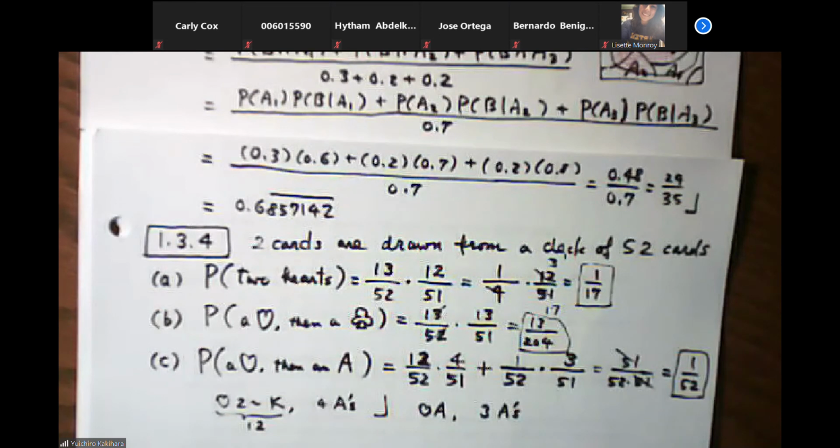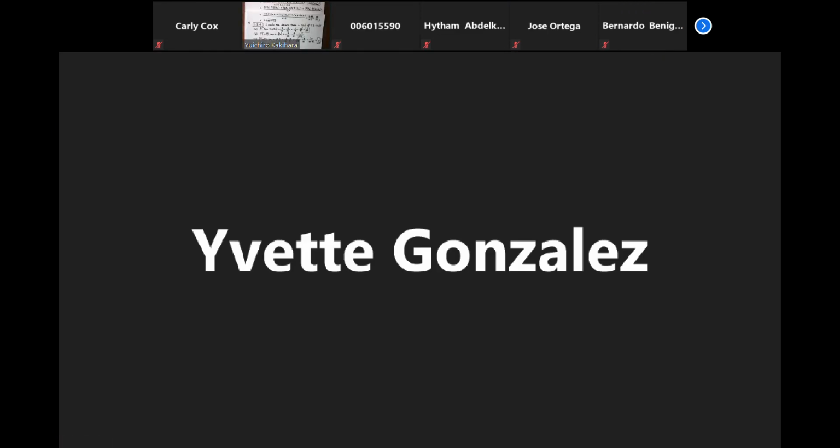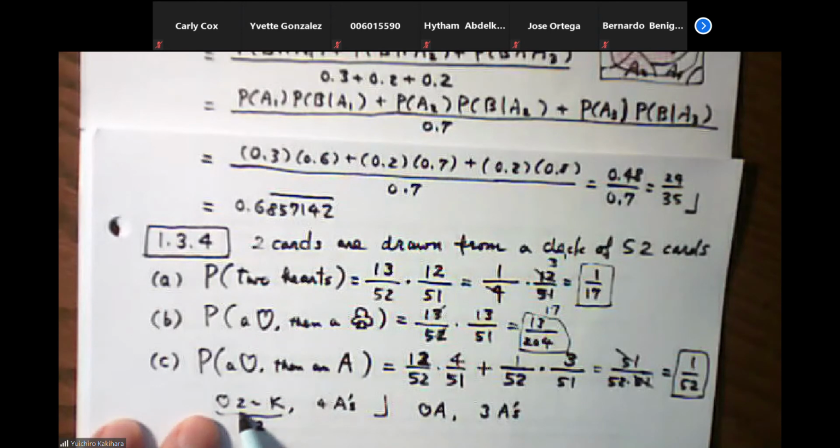Professor, can you one more time just repeat what the 12 over 52? That one has to do with the hearts, right? Yes, because we are not picking up the ace of hearts, starting from 2, 3, 4, 5 up to 13, king. So there are 12 cards left.